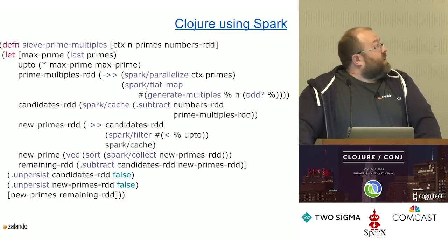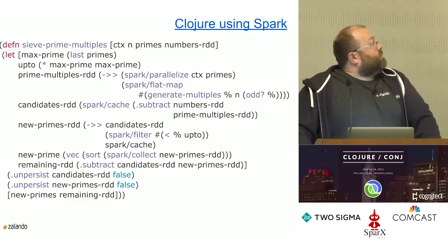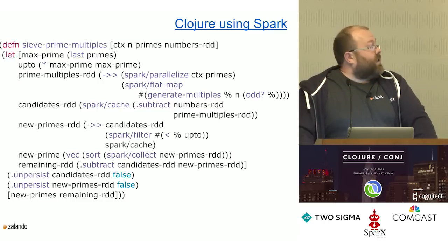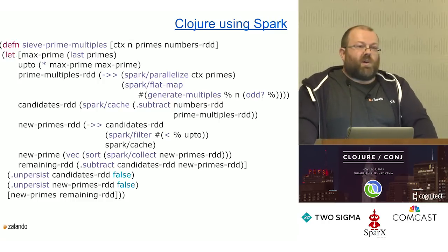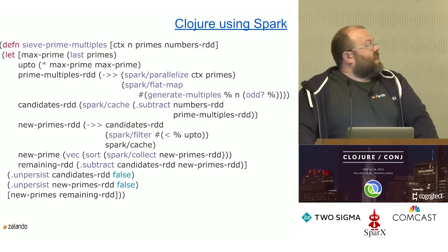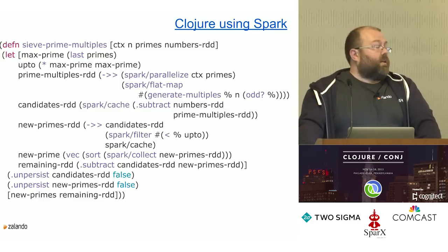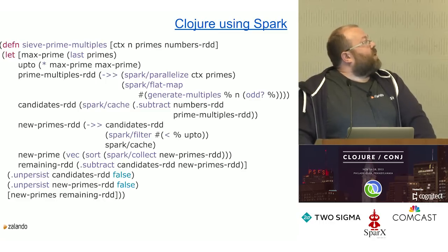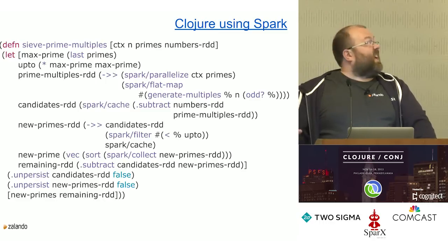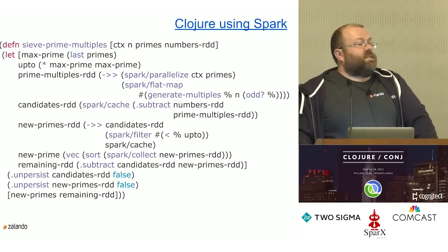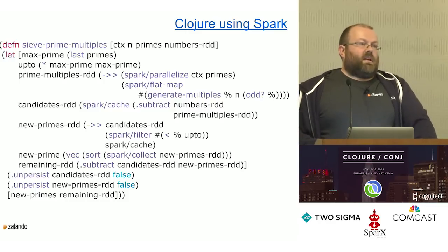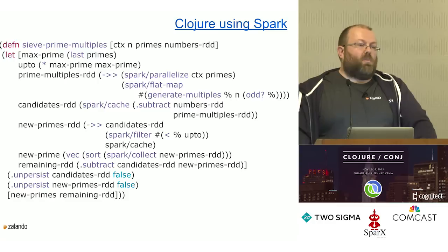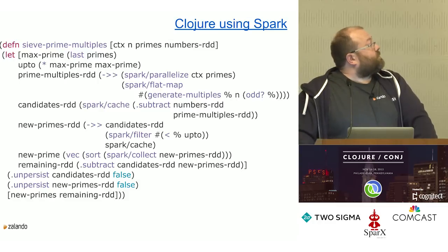So going over this one briefly. Up on my GitHub, there's a project called Sparktimus Prime that has both of these examples and the full code around it to run it. But this is the core function where you give it the primes that you're interested in sieving out. The numbers RDD is all the numbers that need to have multiples of primes sieved out of it.